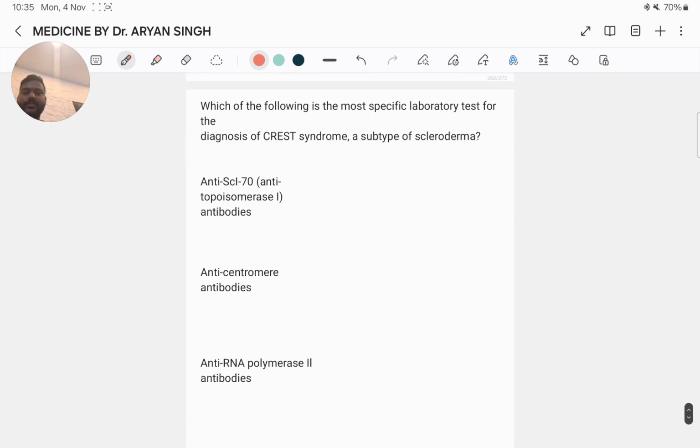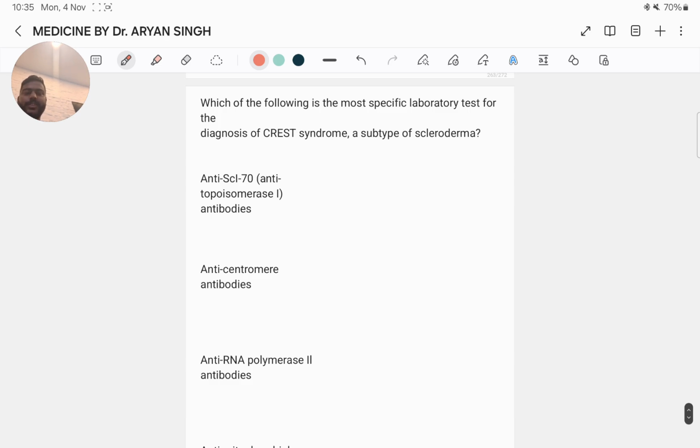Next question. Which of the following is the most specific laboratory test for the diagnosis of CREST syndrome, a subtype of scleroderma? Anti-Scl-70, anti-topoisomerase I antibody, anti-centromere antibodies. The best answer is anti-centromere antibodies, because the presence of anti-centromere antibody is the most specific.